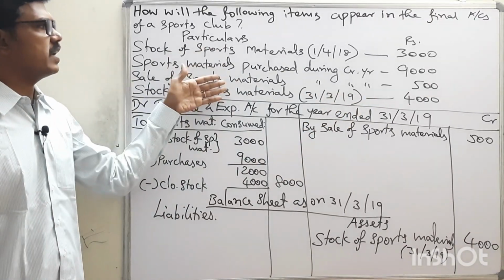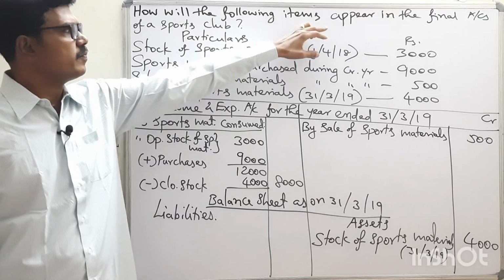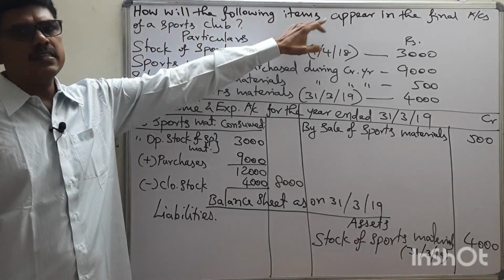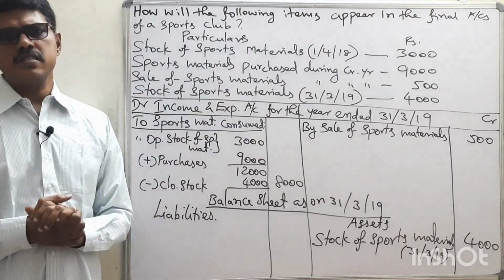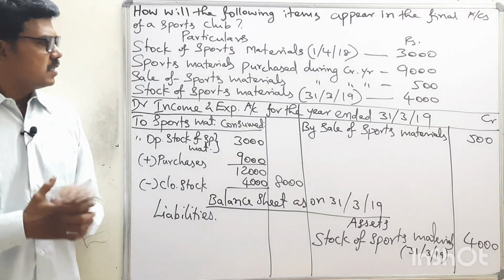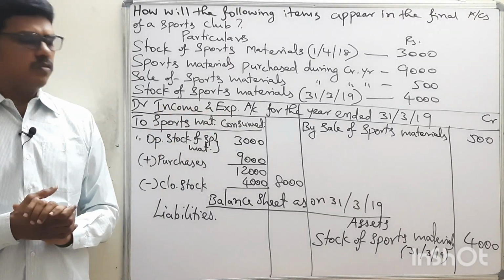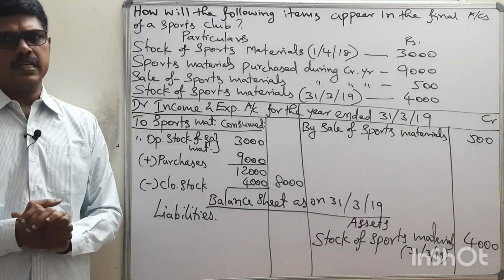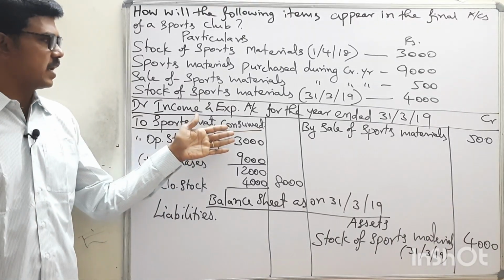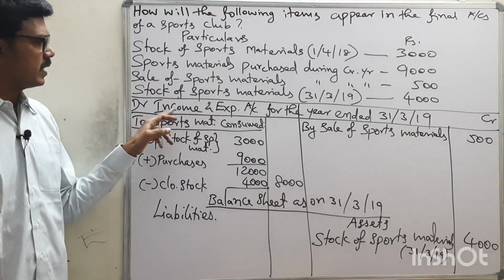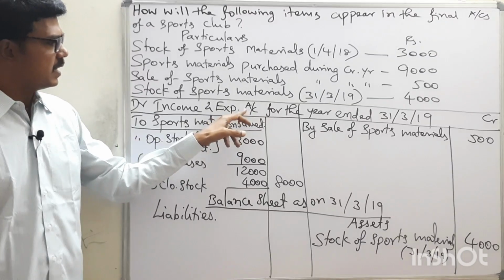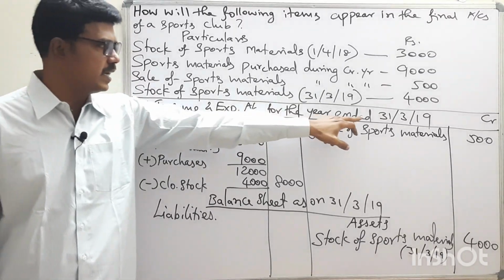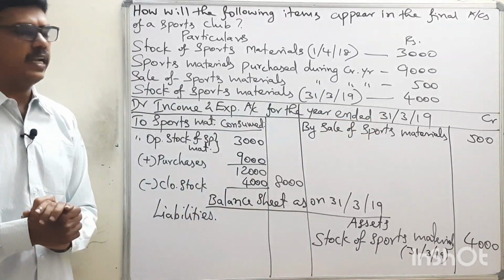These are the particulars they have given, and they ask us to show the details in the final accounts. Final accounts consist of two parts. One is the income and expenditure account and the other is the balance sheet. Income and expenditure account is a ledger account. First we should write the heading: income and expenditure account for the year ended 31st March 2019.